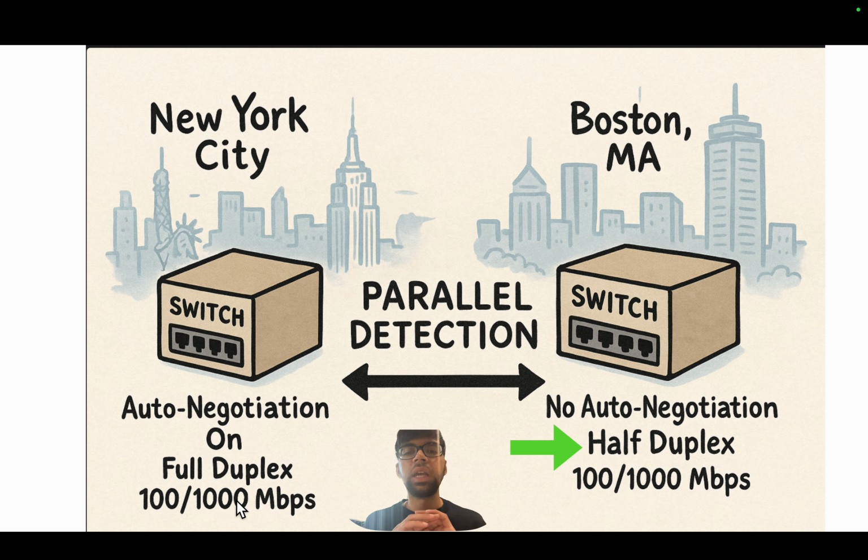Duplex mismatches don't result in failed links, but they are problematic, so you don't want them. Just understand that the parallel detection process has happened here, and it has now assigned that half duplex and speed setting to the Boston switch.